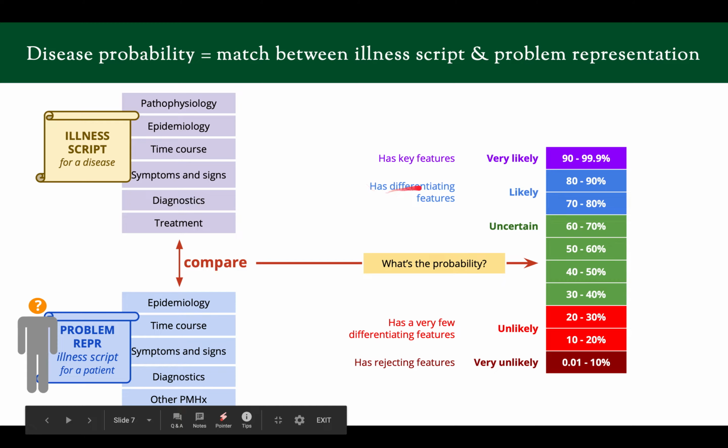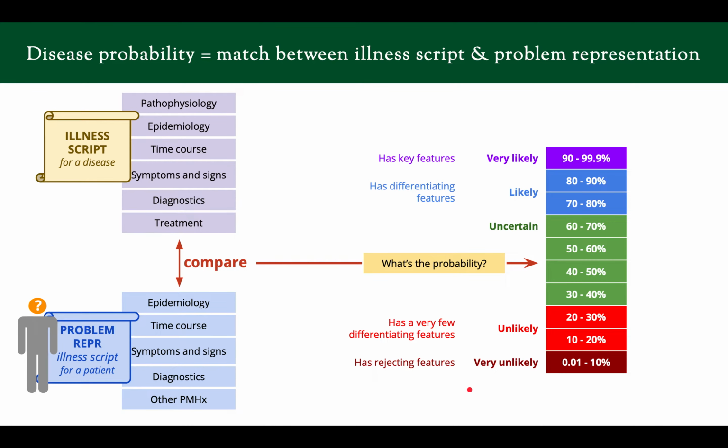And we talked before about key features and differentiating features and rejecting features. And if something has a rejecting feature, that means this will never occur with that disease, then it's going to be very unlikely. And if it has a key feature, what we call pathognomonic, that means this is a defining feature that when they have this, we say they have this disease, then it's going to be very likely, right?